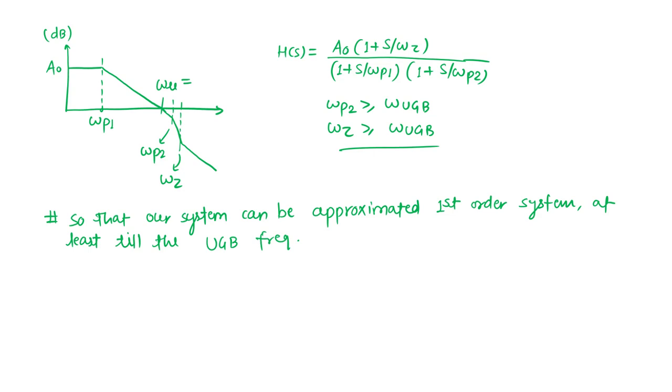So this is the bare minimum requirement that I want. If this particular pole p2 comes before omega UGB, and omega z comes before the UGB, then what will happen? We have to see this thing.